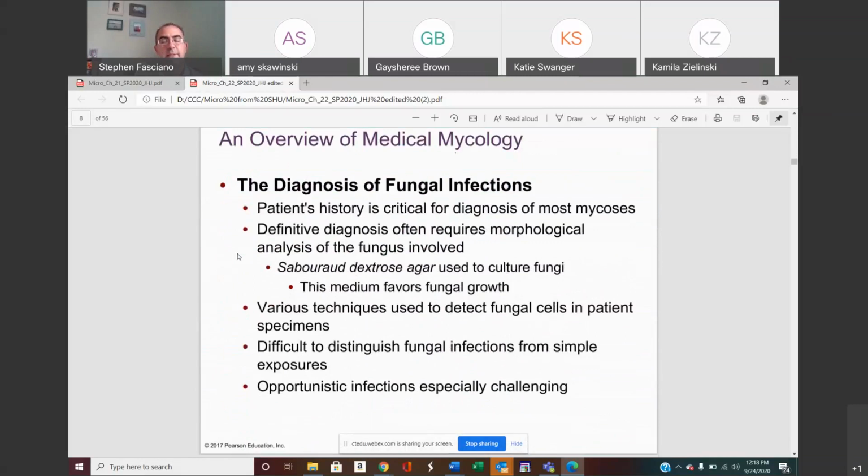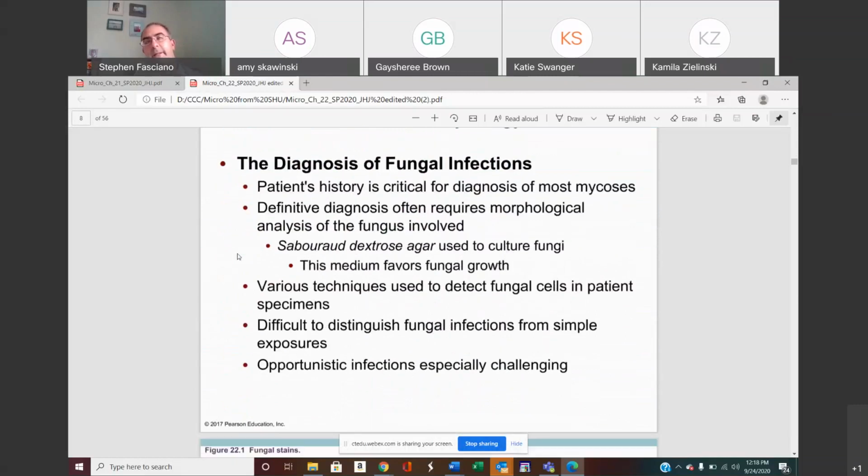The diagnosis is really tough because not everybody has the same symptoms. Okay, so the patient's history is really critical for the diagnosis. Were they around something? Were they in an area where there was more of this fungus? And it often requires morphological analysis of the fungus involved.